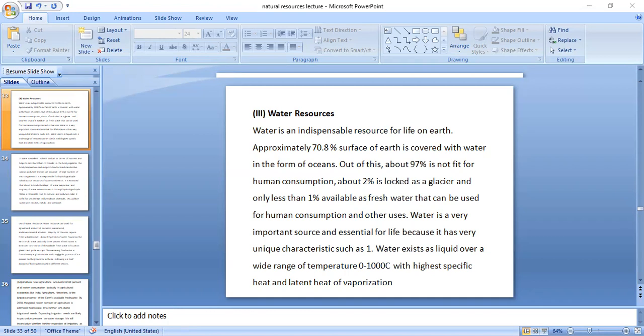The excess water it get accumulated in the coastal areas, and due to which there takes place floods, and floods bring extensive damage to the crops, to the domestic animals, property, and human life. Means कोई भी ऐसा बचा हुआ नहीं है जो फ्लड के इम्पैक्ट से बच जाए, चाहे वो क्रॉप्स हो, चाहे वो डोमेस्टिक एनिमल्स हो, चाहे वो ह्यूमन बीइंग हो, everyone will be impacted by the flood.